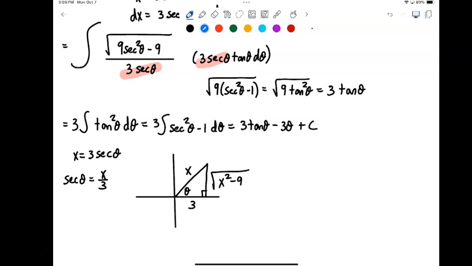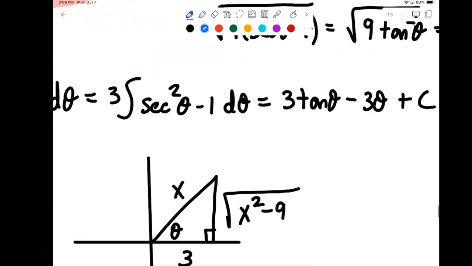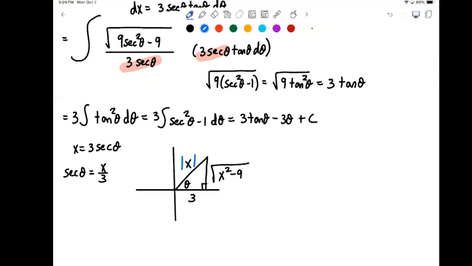Now, there are some things we have to worry about with the x here as a function. Technically, when we put x in the hypotenuse, we really should throw absolute value around it since we don't really know what's going on. I don't think that's going to be an issue here as far as our answer, but it is something that we do have to be a little concerned about with the secant.